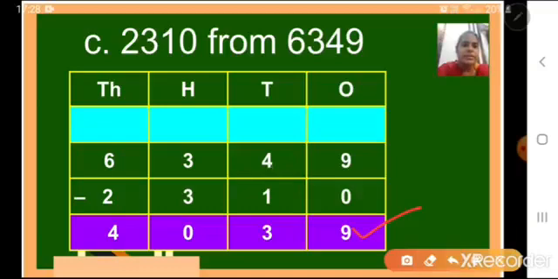Then in tens place, 4 minus 1 is 3. 3 minus 3 is 0. Okay, here you may make a mistake. 3 minus 3 is 0. In thousands place we have 6 minus 2, which is 4.